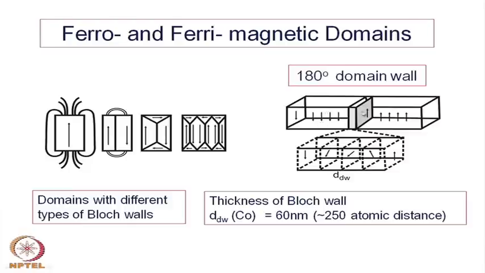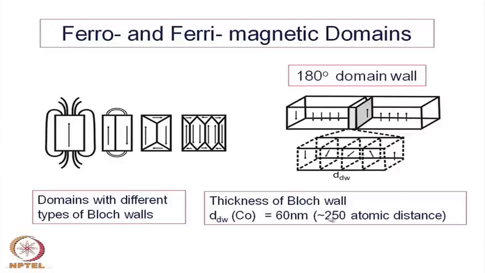So, there is a changeover from upward to downward, and so it is a 180 degree domain wall. But if you look at the cross section or the width of this domain wall, it has a finite width. This dW is the width of this domain wall, and particularly for cobalt, a ferromagnetic material, the width is about 60 nanometers. Okay, it is around 600 angstroms.